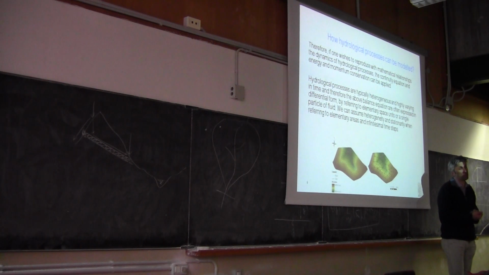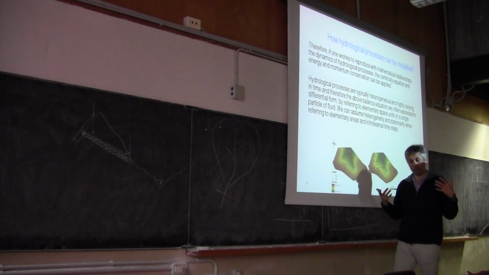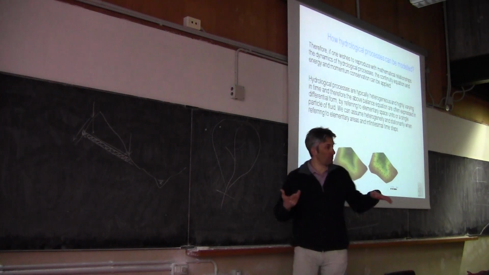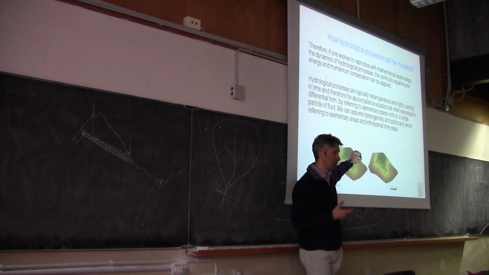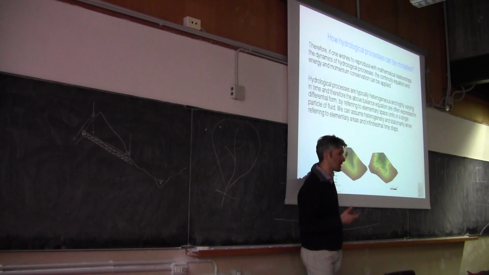And to give you an idea, for a basin, a watershed like the Secchia River Basin, which is about 1,000 square kilometers in extension, I made an experiment, and I adopted such kind of representation where I used square cells whose side was 250 meters.